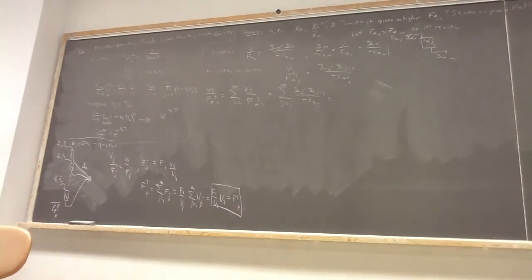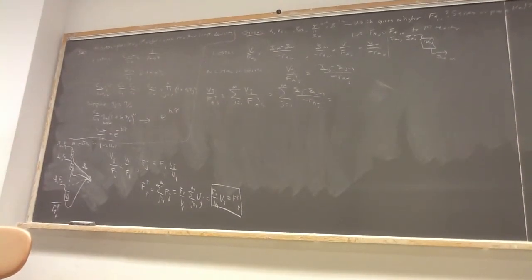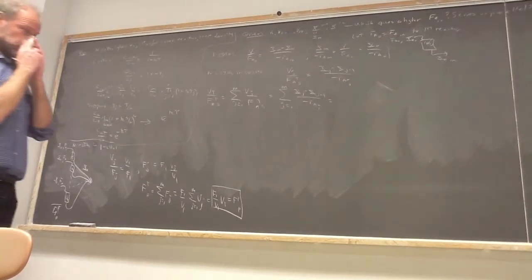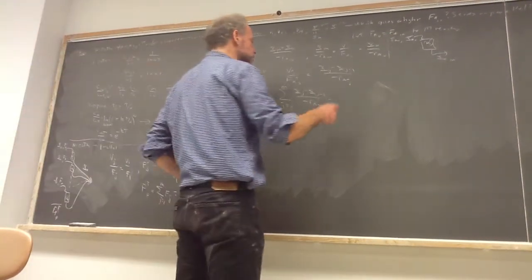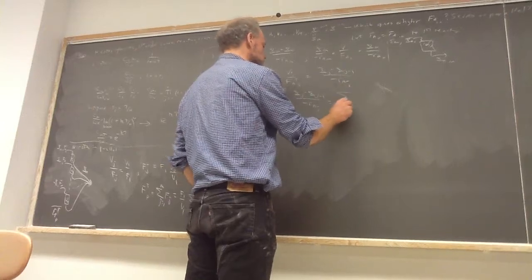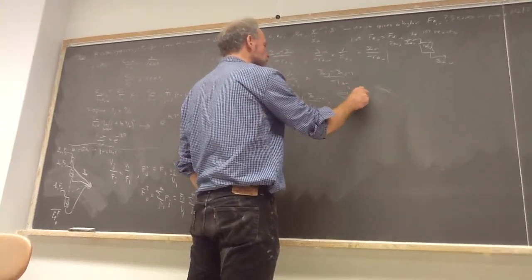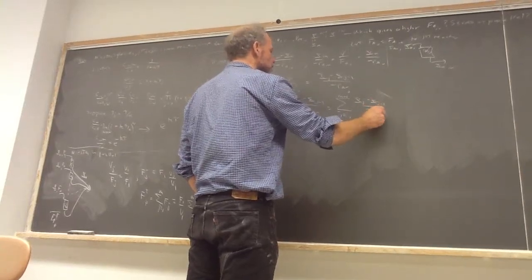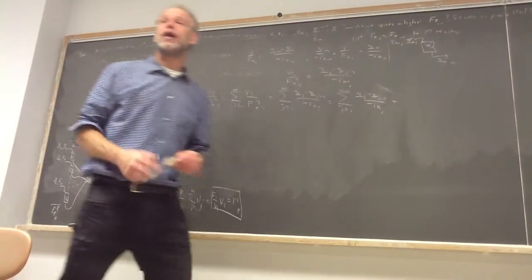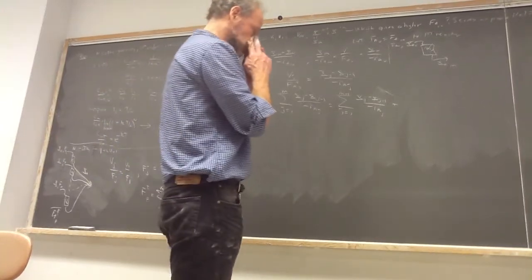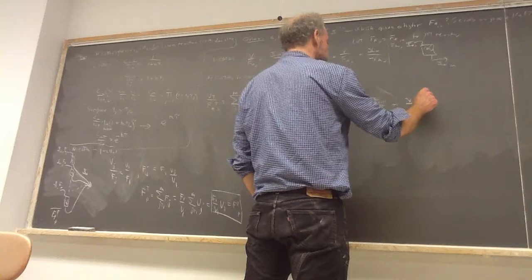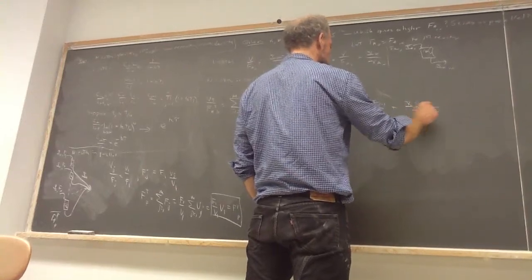Just for fun, I'm going to pull out the last term of this sum and write it out explicitly. So I'm going to write this as the sum j equal 1 to m minus 1 of xj minus xj minus 1 over minus raj. And the last term is xm minus xm minus 1 over minus ram.